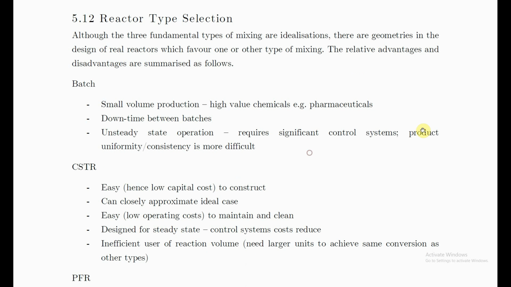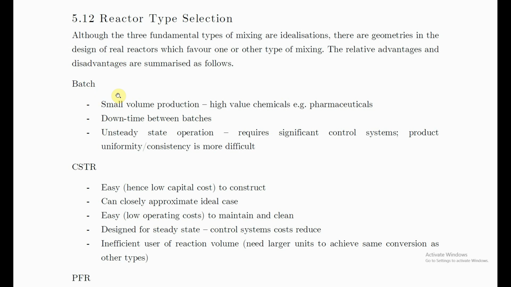That's basically it. There are some comments here on selecting your reactors. A lot of this we've already said. So if it's a pharmaceuticals type application where you have grams of your product, and those are high value, then it's worth all the downtime between batches.